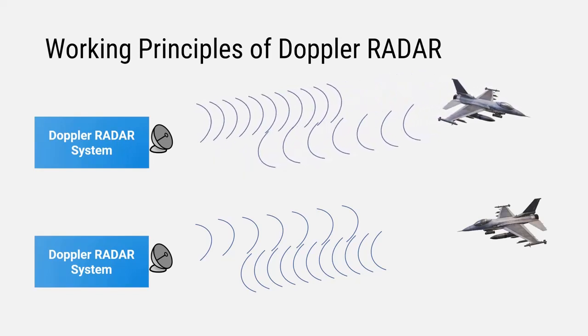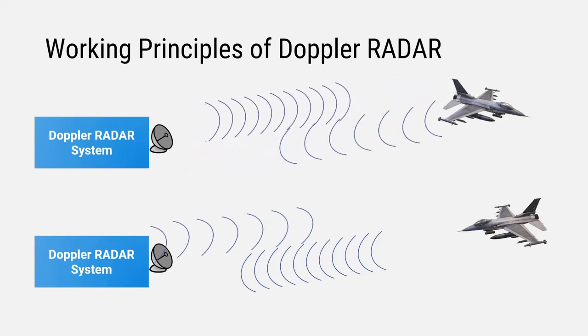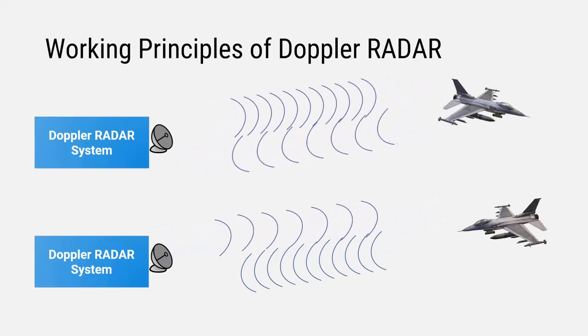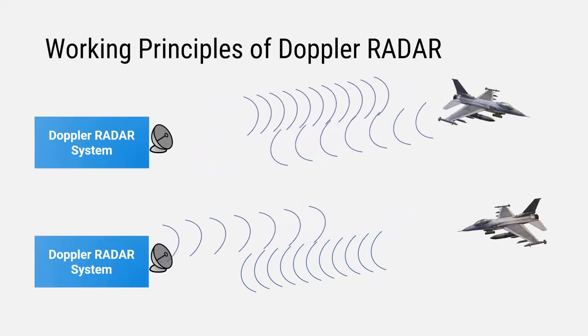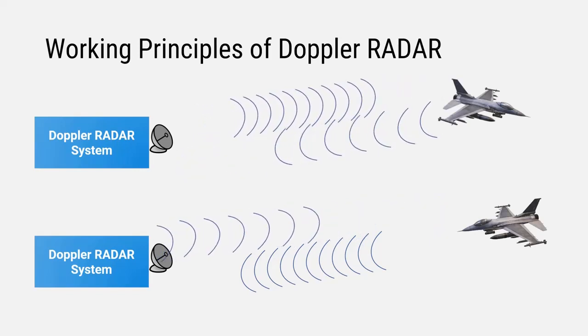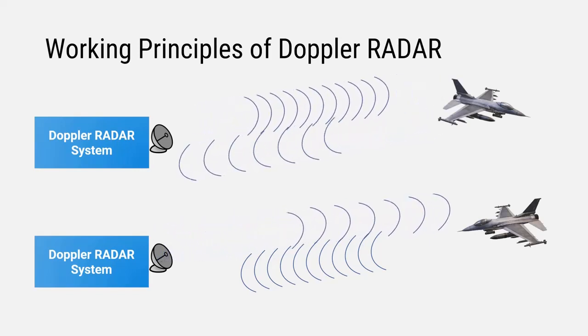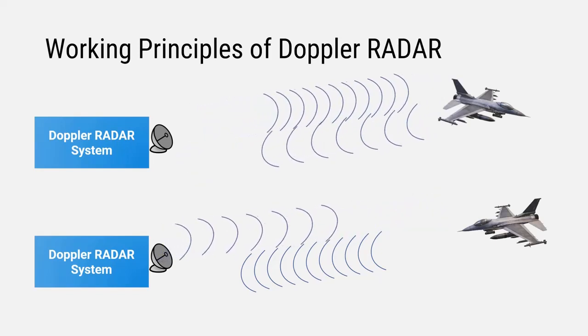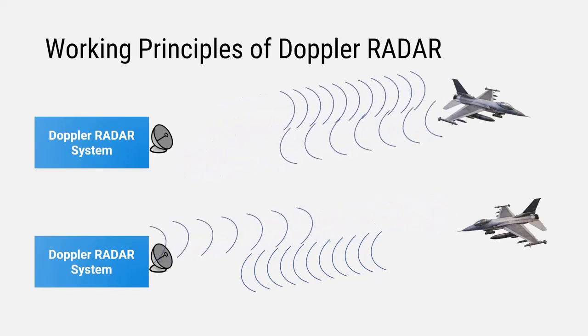In that case the reflected wave's frequency is going to be reduced by the Doppler frequency. The target moving away from the radar system is going to consume some energy, which is responsible for the reduction in the frequency of the received signal. So this is with respect to the first case.